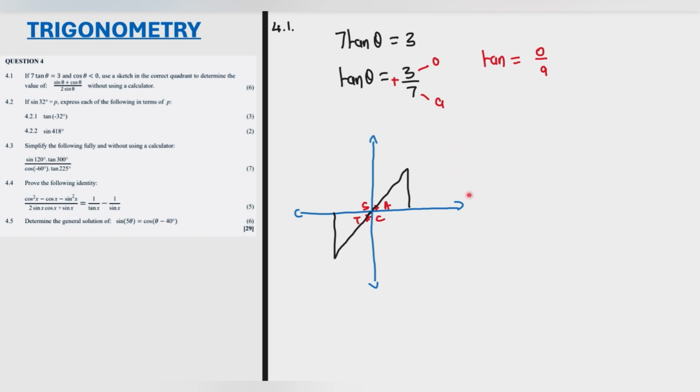The only time where cos is negative is in the third and fourth quadrant. But our solution, our tan, must be positive, remember? So that means that we can eliminate this area. We can eliminate this part. And that means that our solution will lie in the third quadrant.